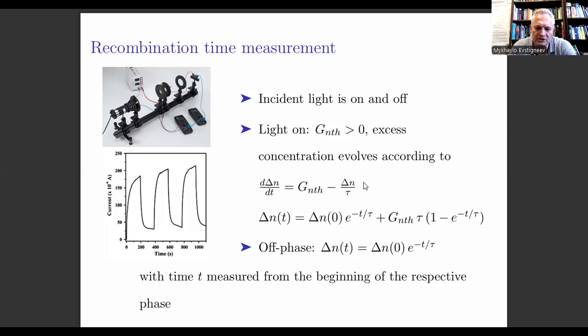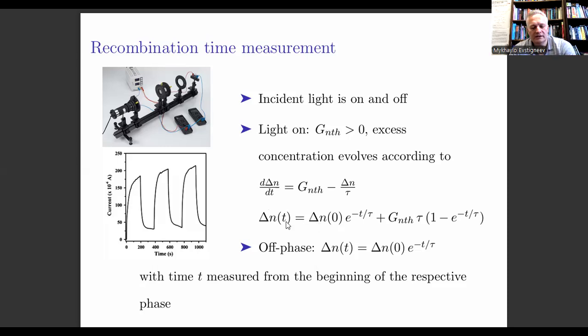And the net recombination rate is delta n divided by tau. And the solution of this equation has been derived, not in the previous lecture, but in a couple of lectures before, when we were talking about the recombination generation processes.